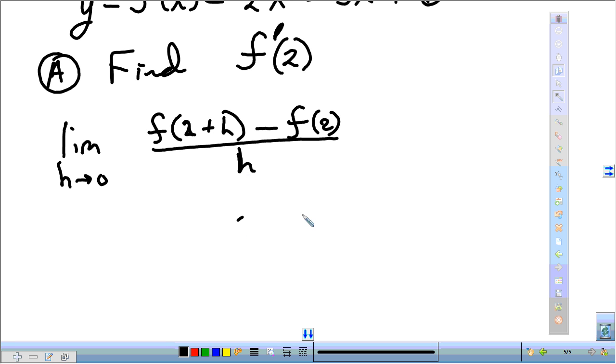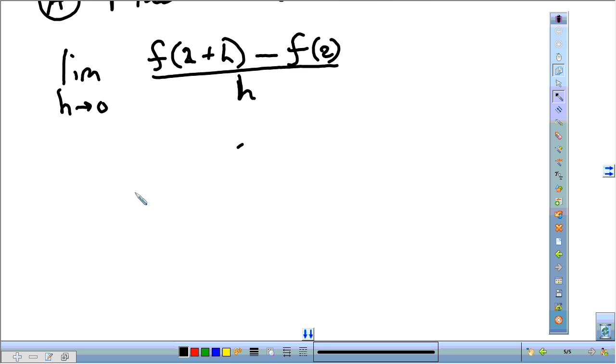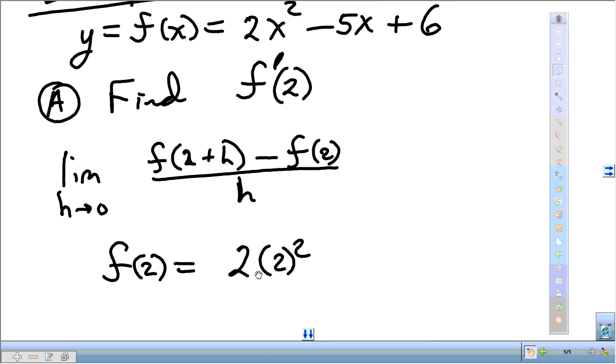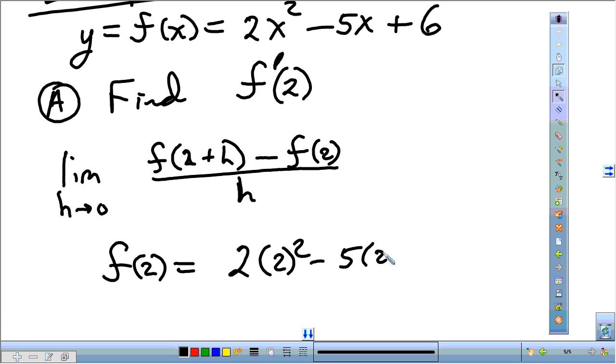So for that purpose, let's separate out a few things. Let's find the value at 2. So 2 times 2 squared minus 5 times 2 plus 6.